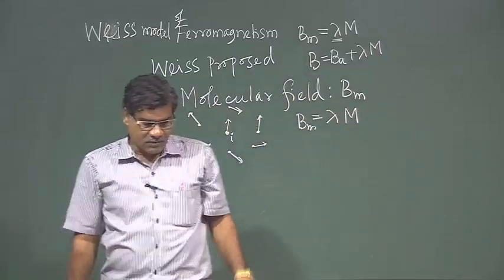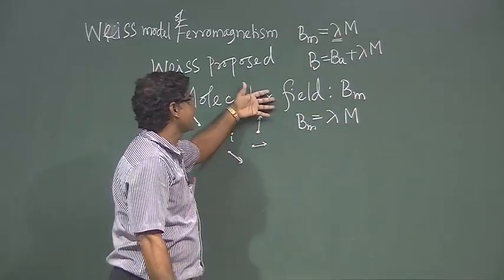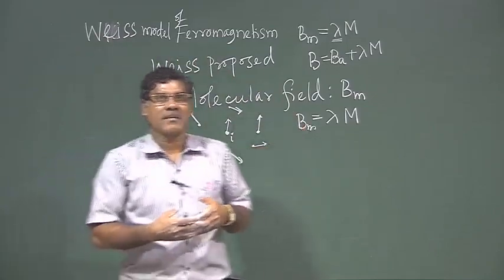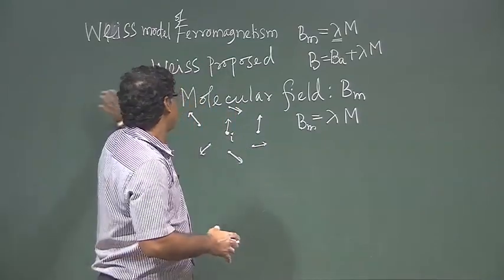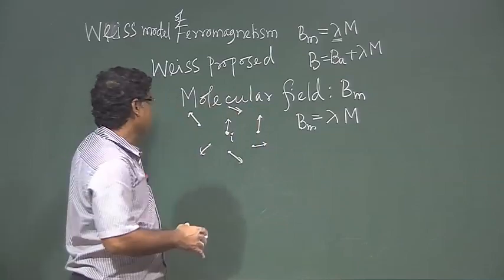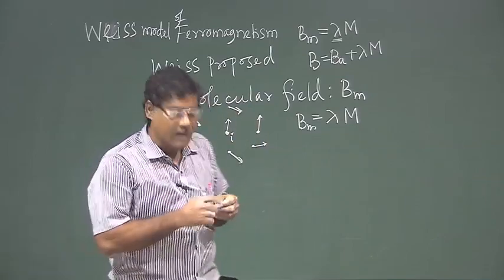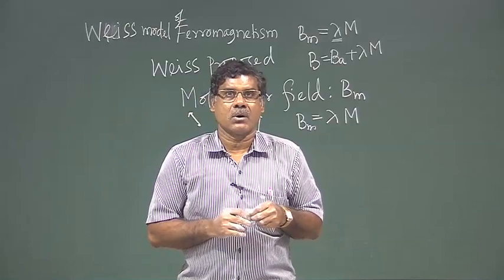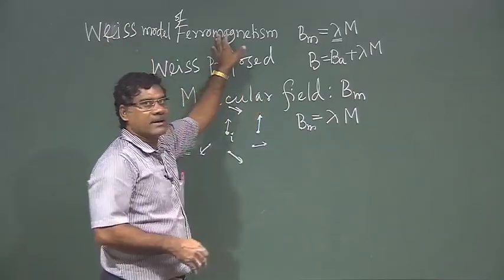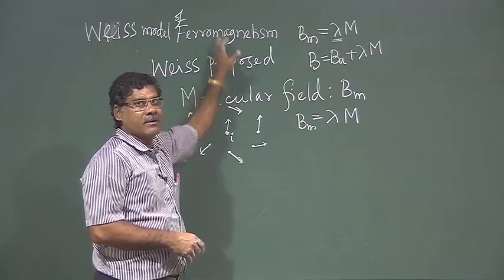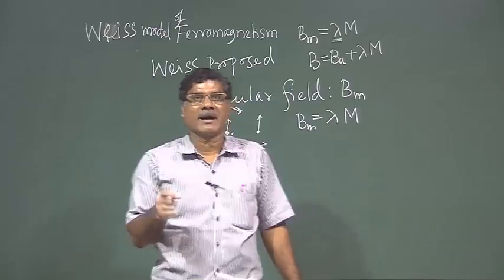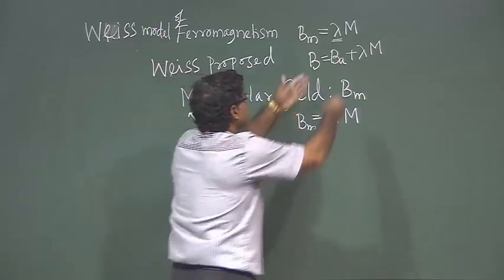That is the Weiss model. Whatever formulas we derived for a paramagnetic gas of non-interacting dipole moments will be valid for the Weiss model of ferromagnetism, only we have to replace the external magnetic field B by this.